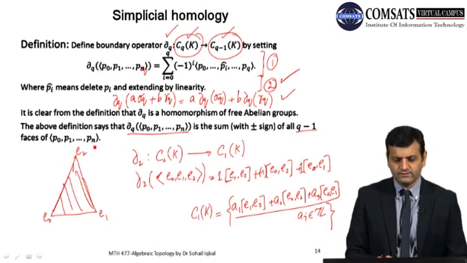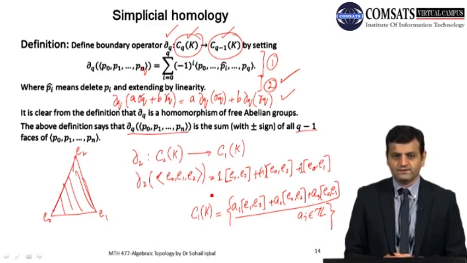If we have a 2 simplex, a solid triangle, then its boundary operator gives me with plus minus signs all the 1 faces. Similarly, if you take a q simplex, its boundary operator gives me with plus minus signs the sum of its q minus 1 faces.